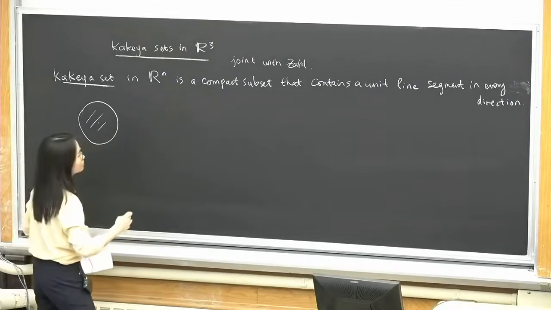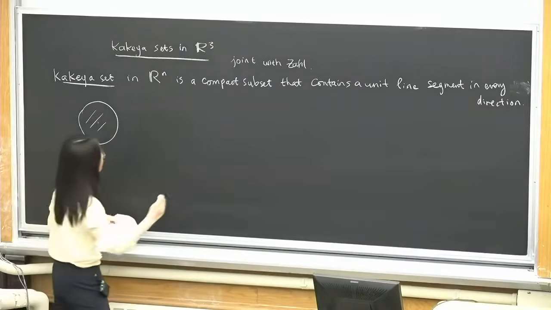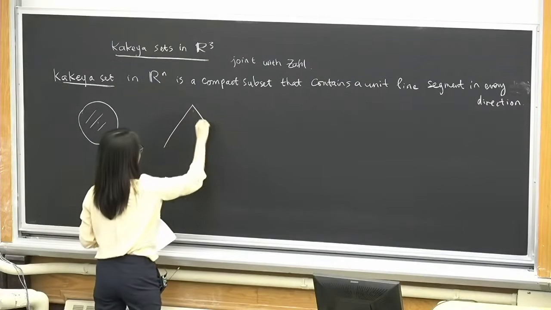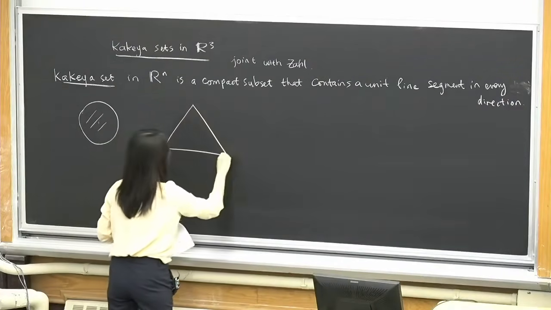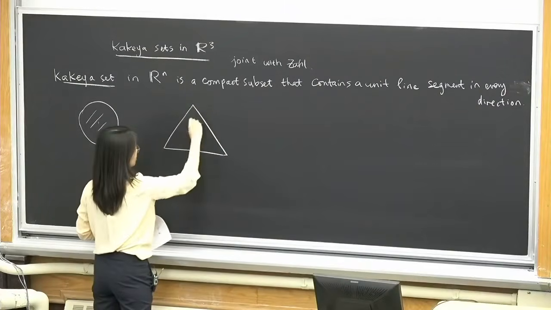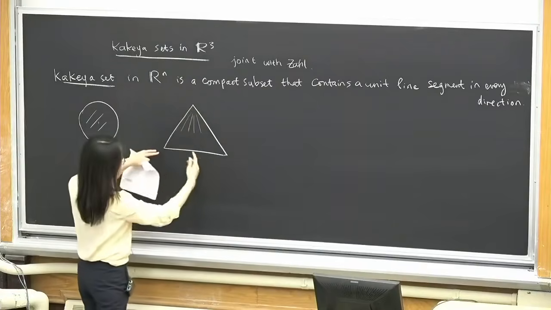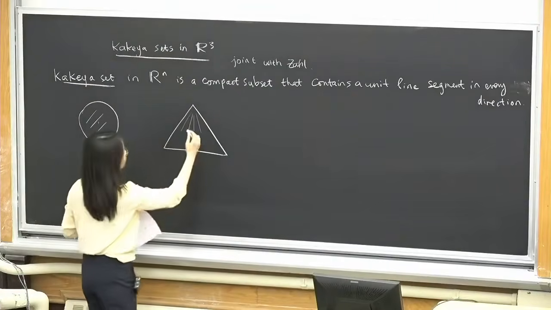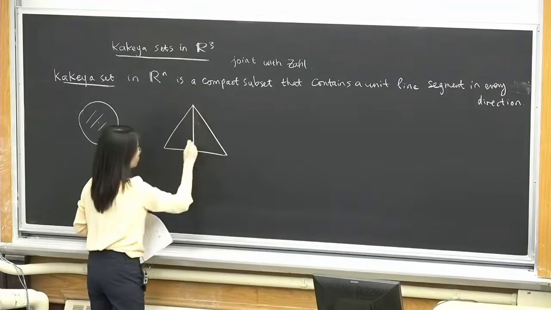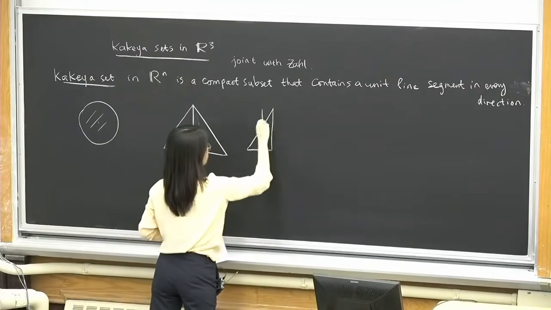Then the question is, can you make the Kakeya set slightly smaller? For instance, this is the equilateral triangle, and if we are interested in the directions in this 60-degree angle, then we can cut this triangle in half and then move the halves closer.